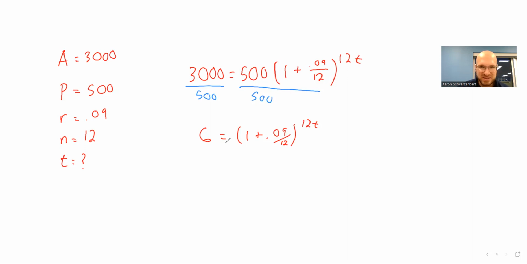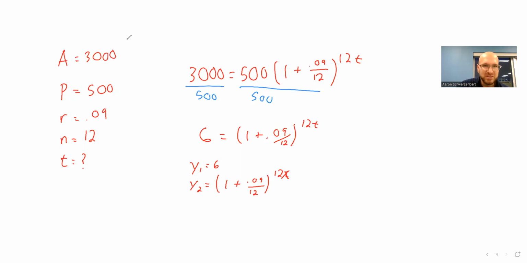So now I've got 6 equals. Y1 is going to be 6, and Y2 is going to be the other side of my equation, 1 plus 0.09 over 12. Actually, it's got to be 12x always on your calculator.